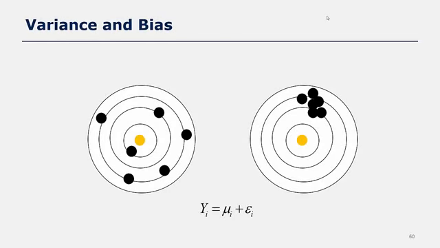Now, in mathematical terms, you see below, in the notation we introduced before, that the measured value y sub i is equal to mu sub i, the construct itself, plus an error term. And this is the first step, variation and bias with respect to the actual measure of interest.